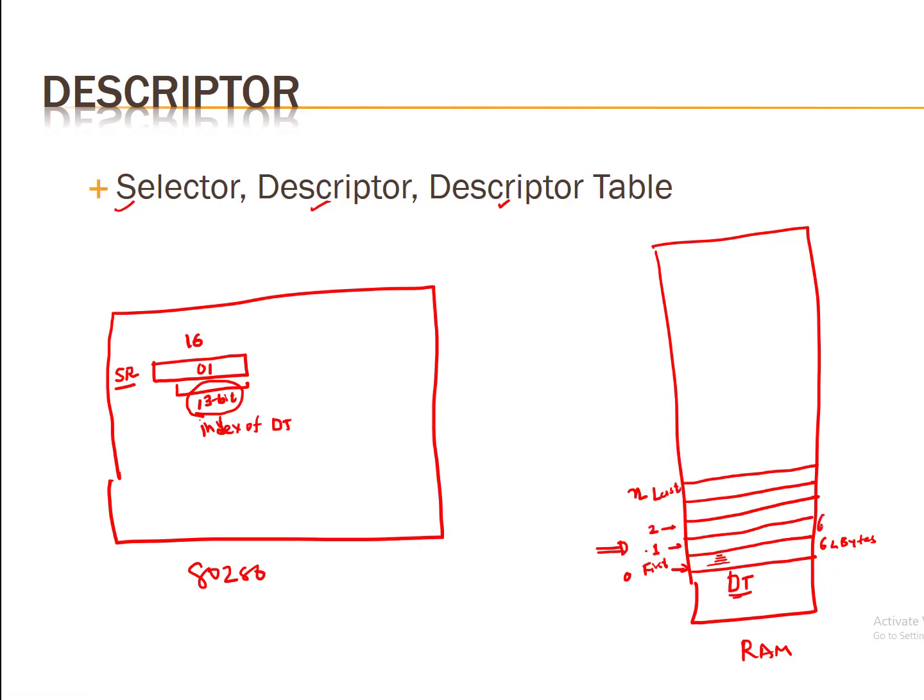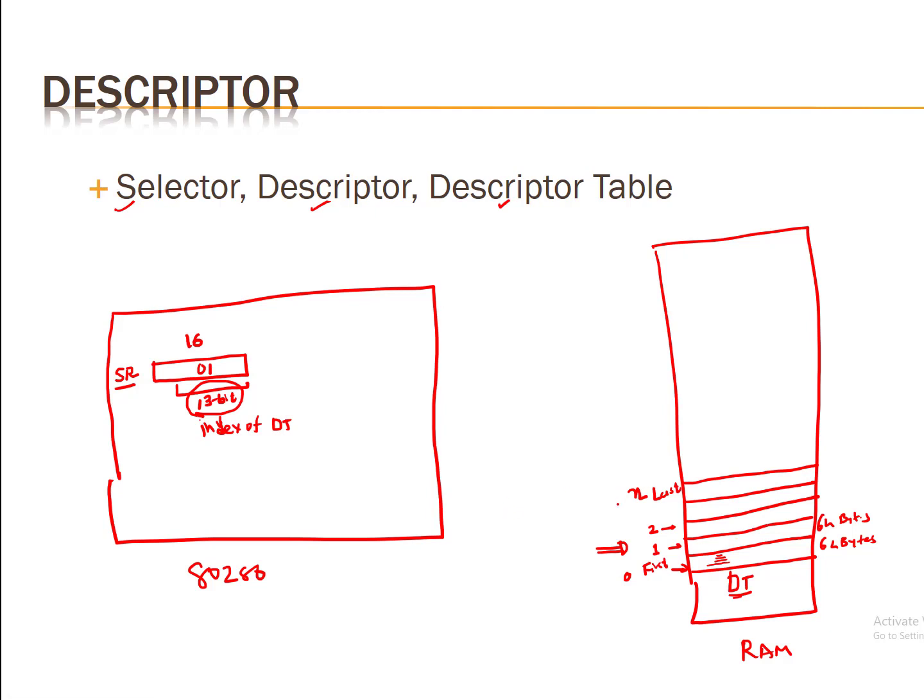Whatever 64 bytes are available over here will contain the base address of the code segment register. If we consider this is CSR, these 64 bytes will contain the base address of the code segment register. And other bytes will be useful for the privilege levels, and some flag registers are there. We'll discuss that in 80386.